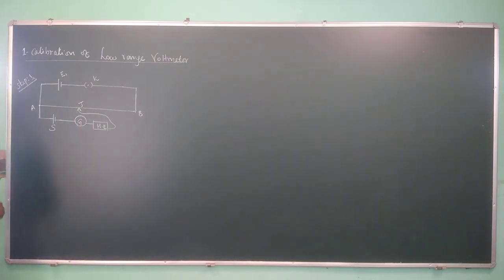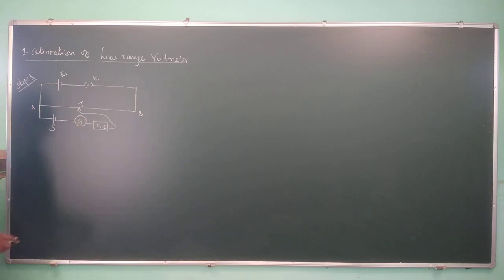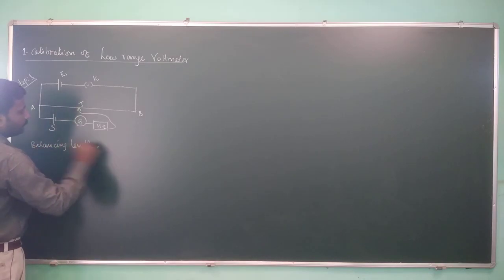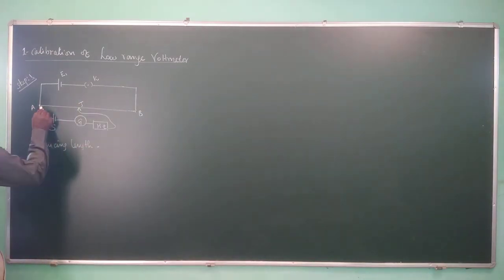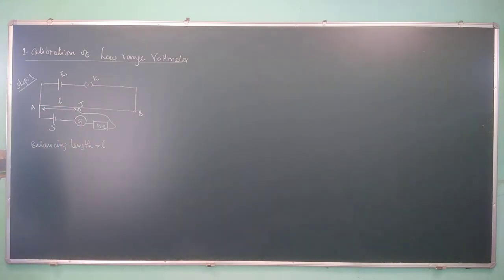This is the usual setup. Now for a given value of standard resistance, we have to move the sliding jockey from A to B, and identify where a null reading is shown in the galvanometer. That reading should be noted down. It is the balancing length, and we denote it by L.